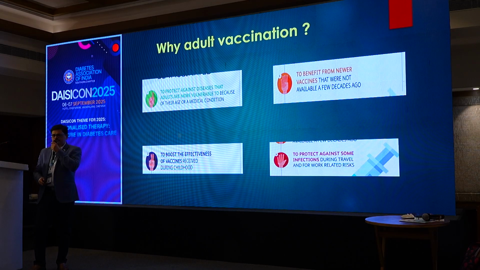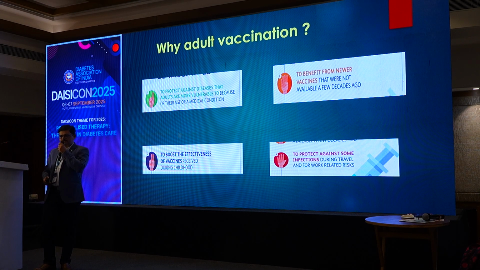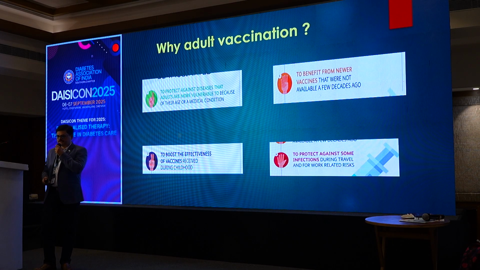So why should adults be vaccinated? In order to protect against vaccine-preventable diseases and the severity of the diseases, the patient can be vaccinated. Some vaccines are newly arising, so in order to benefit from the newer vaccines, for example the COVID vaccine, which are all recently developed.